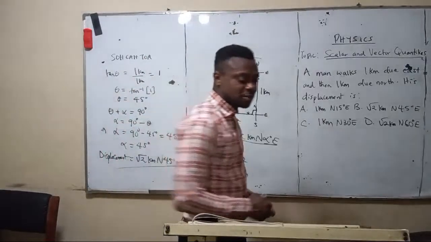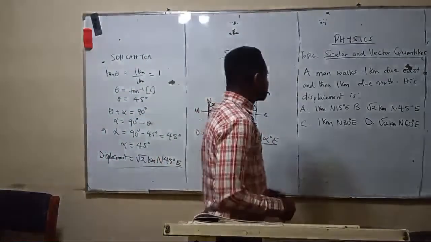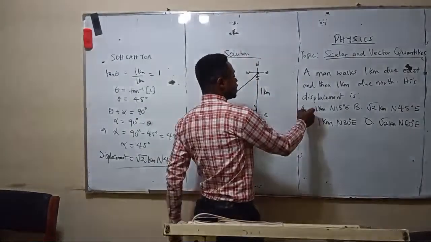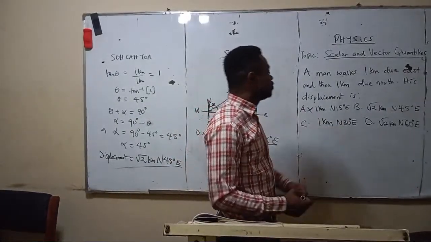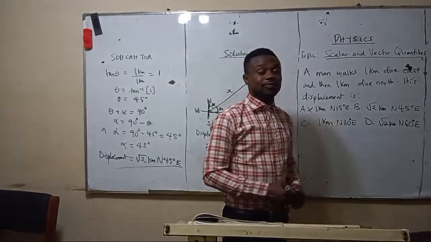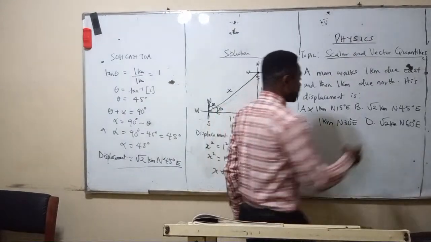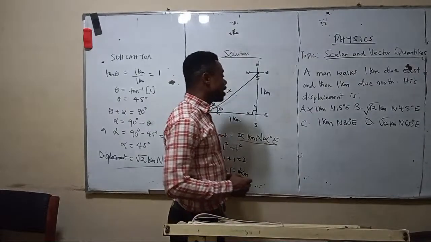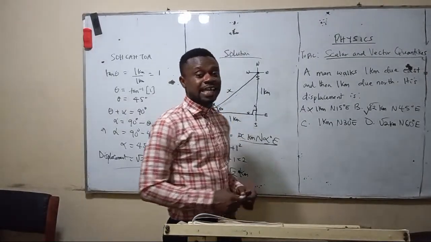So let's look at the options. Option A says 1 kilometer north, 15 degrees east. I will not take this. B says root 2 kilometer north, 45 degrees east. This is what I got, so I will take this. But let me take the other options. C says 1 kilometer north, 30 degrees east.